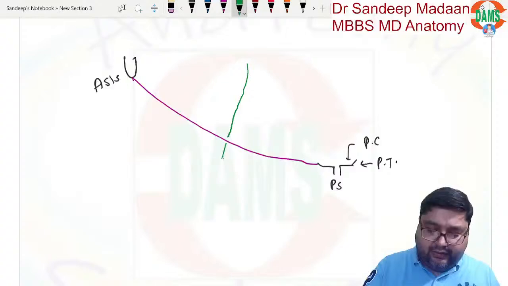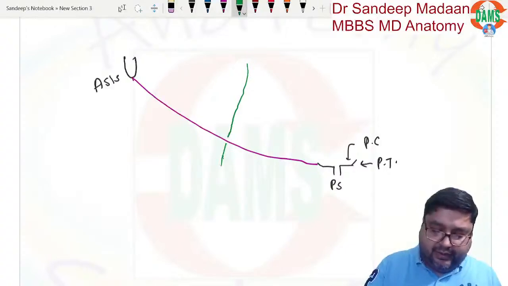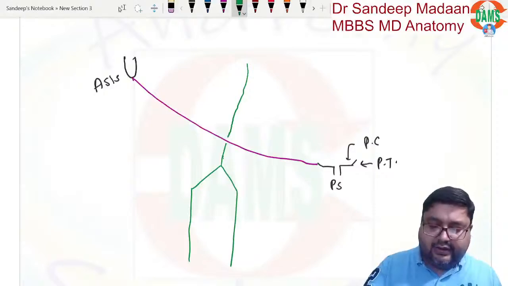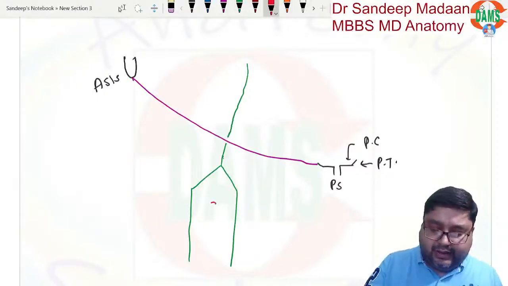And the femoral nerve, when it is coming, will be dividing into two divisions, anterior and posterior, with respect to one artery. The name of the artery is lateral circumflex femoral artery, and the name of the branches are anterior and posterior division.